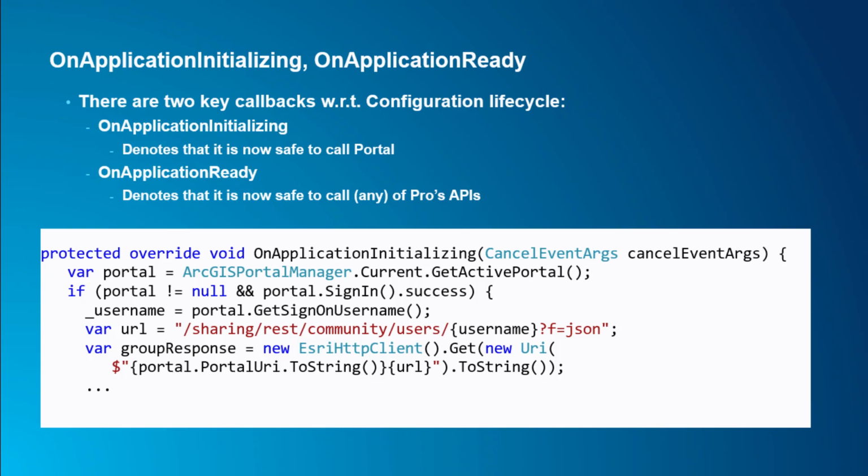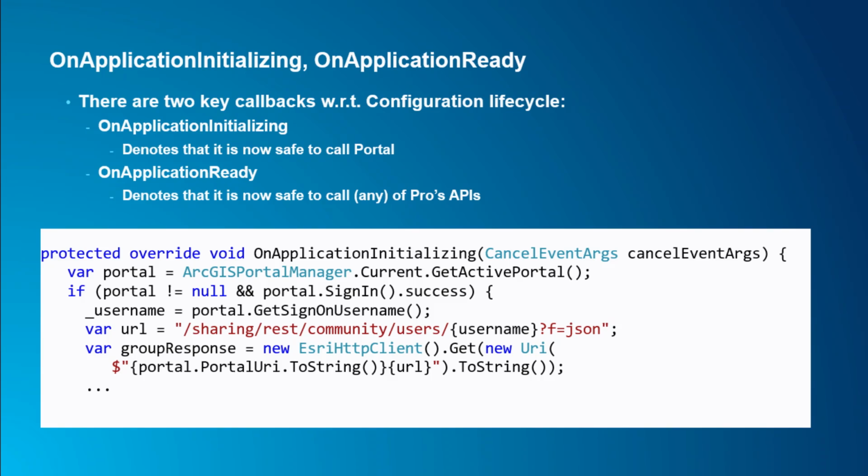For example, when do you know that the module that contains the portal has actually been loaded, okay? And so to tell you when it's safe to do particular things, we provide you two callbacks. The first is OnApplicationInitializing. When you get OnApplicationInitializing, it tells you that you can now call the portal.